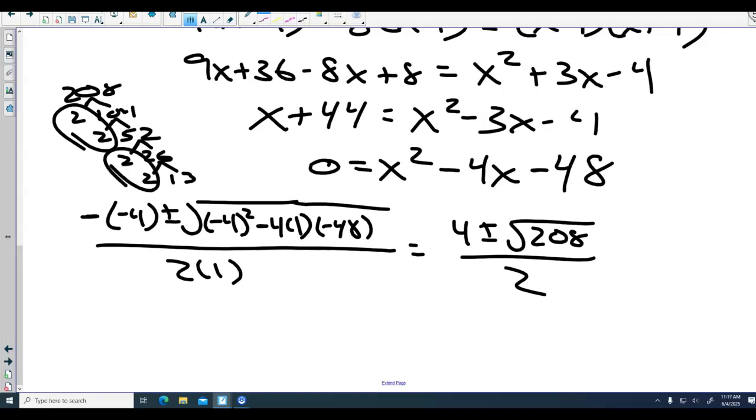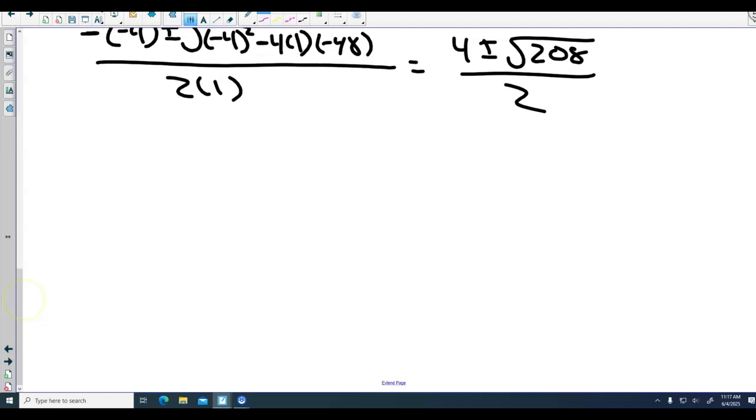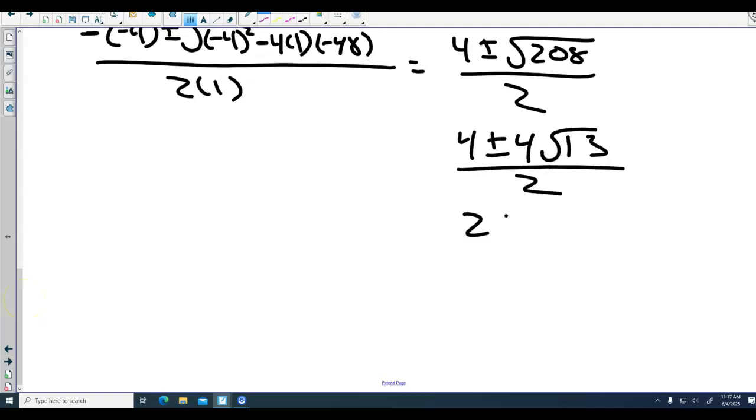So it's 4 root 13. So 4 plus or minus 4 root 13 over 2. And we get 2 plus or minus 2 root 13 is our answer.